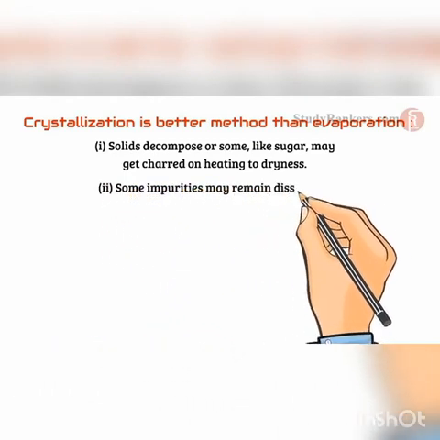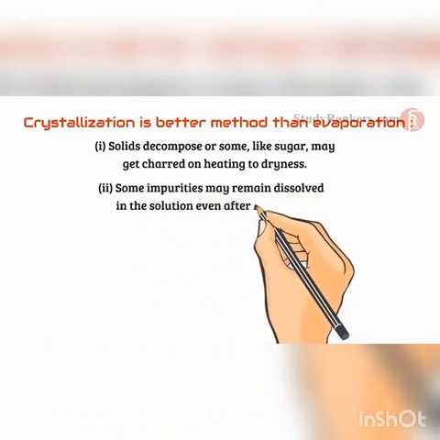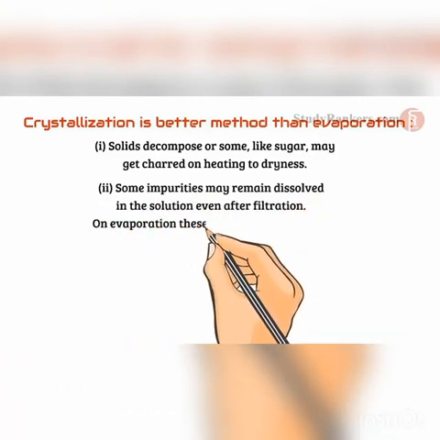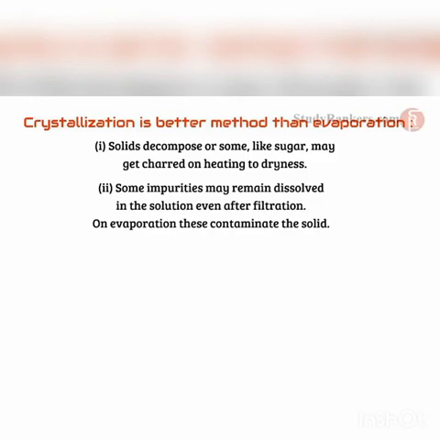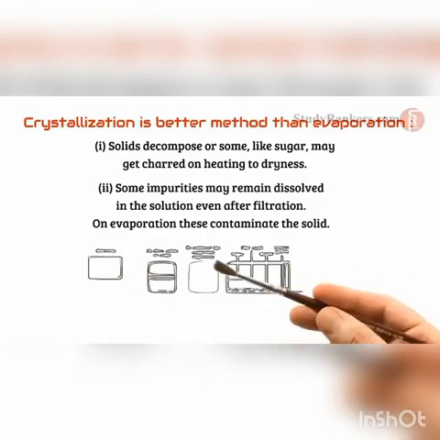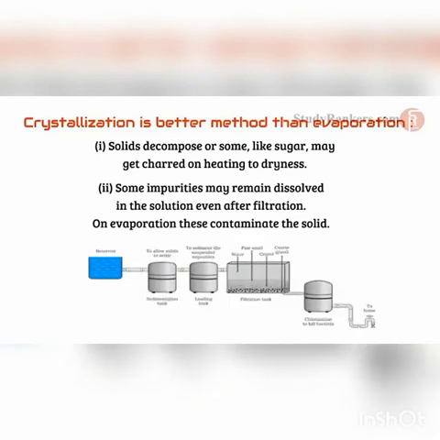It may get charred on heating to dryness. Also, some impurities may remain dissolved in the solution even after filtration, and on evaporation, these impurities can contaminate the solid. Thus, we prefer crystallization over evaporation.